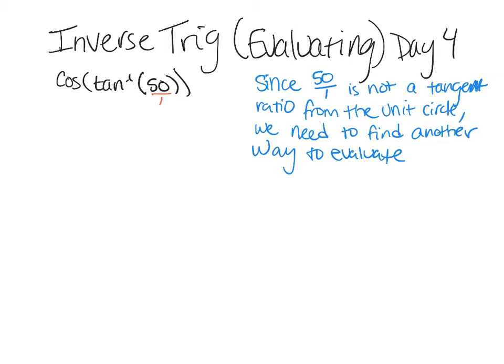So we think, well, triangles are a thing. We can say the ratio of 50 over 1, just a reminder, you can take any number and stick it over 1, it's a fraction. For tangent, the TOA of our SOHCAHTOA is opposite over adjacent for our angle theta, whatever that may be.